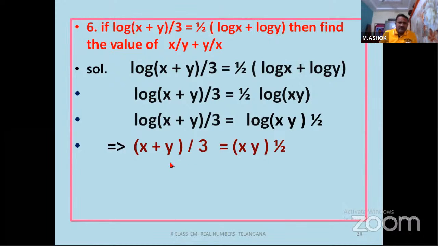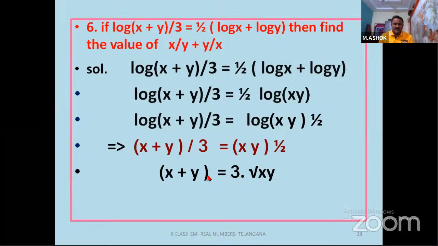So now (x plus y) by 3 is equal to xy to the power of 1 by 2. Now the 3 moves to that side, so that becomes 3 into root xy. 1 by 2 power in radical form is root.